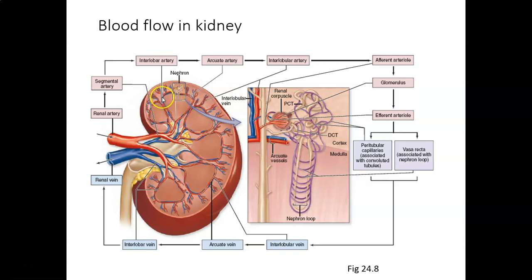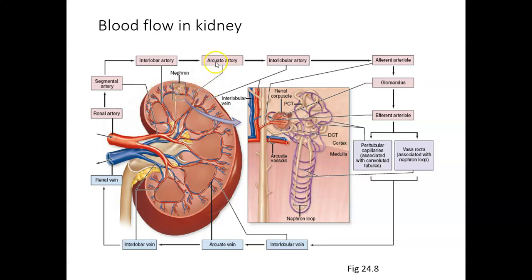You have the arteries and the veins traveling in this junction, and the vessels that travel in this junction are called arcuate vessels. The red one is the arcuate artery, the blue one is the arcuate vein. They travel along this boundary.